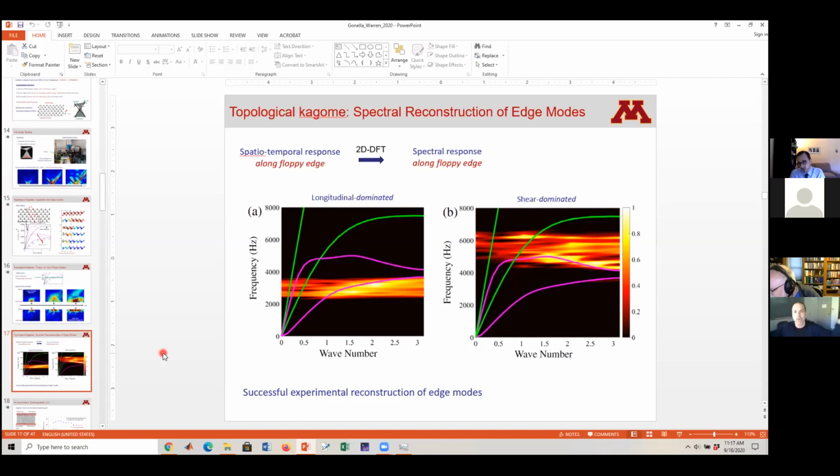We cover all the wave numbers. But if you design the spatial support of your source to, let's say, agree or disagree with the eigenfunction of that mode, then you're going to spread your energy not in the frequency domain, but in a wave number domain.